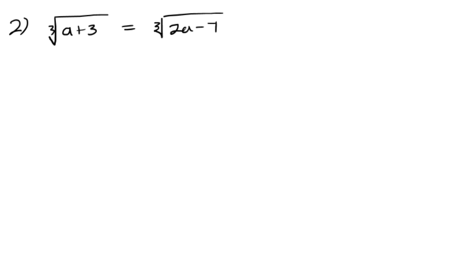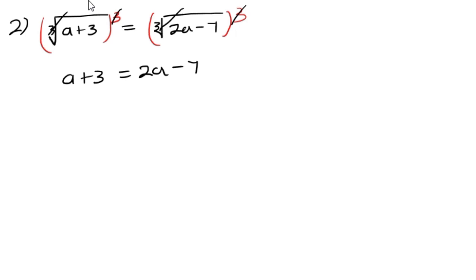So we are going to cube both sides. It means we are going to have something like this. We are going to cube both sides. So the cube and the cube root are gone. We are left with a plus 3 equals 2a minus 7.